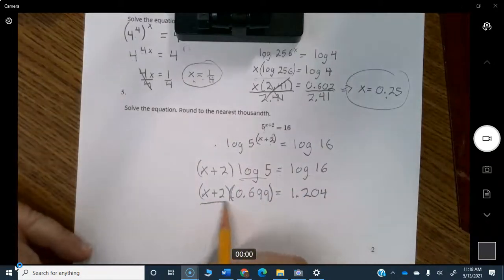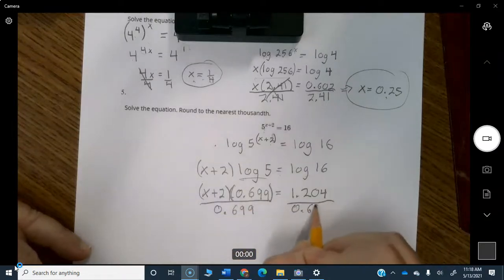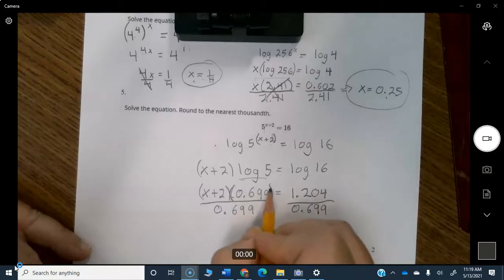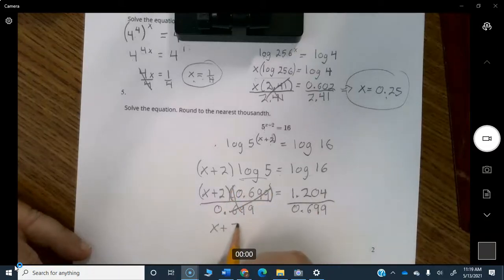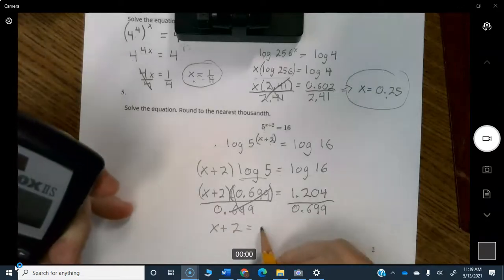Alright, so now I'm going to divide both sides by this. Cancel that. Okay, and you get x plus 2 equals this divided by that, so that gives us 1.72.